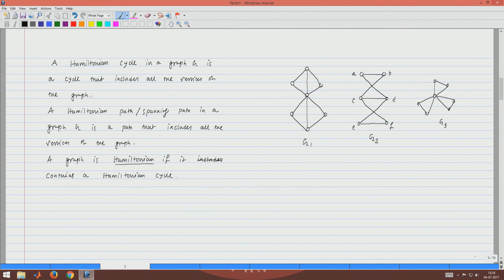Can I find a Hamiltonian cycle here? Yes, probably I can find one.